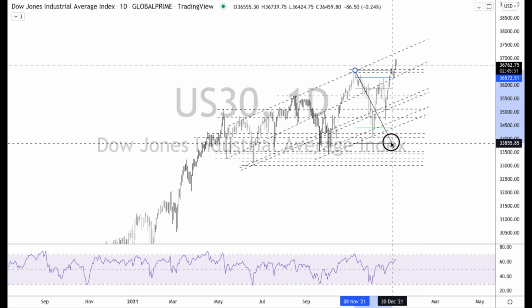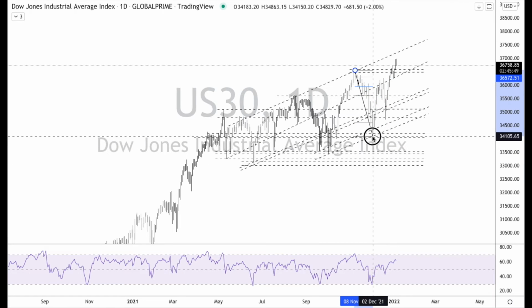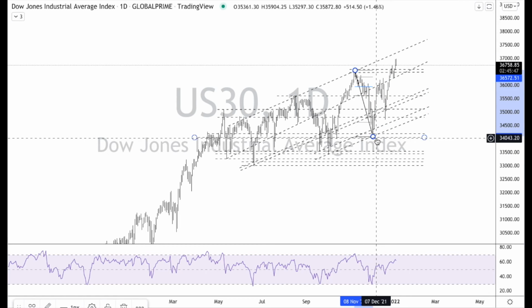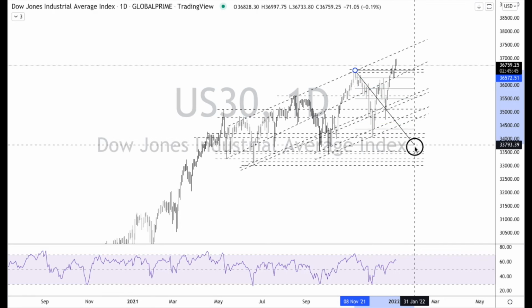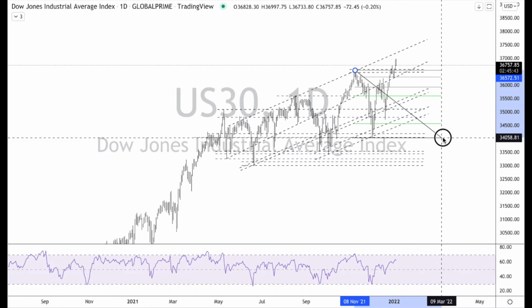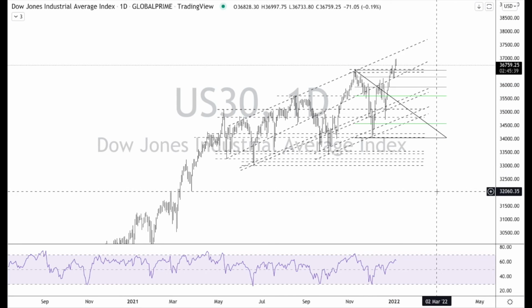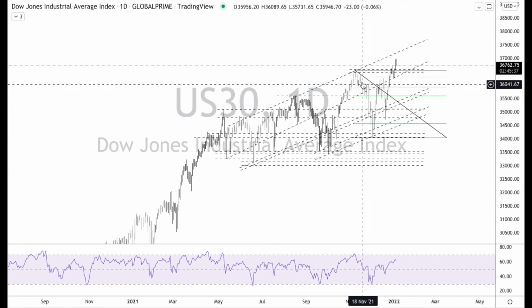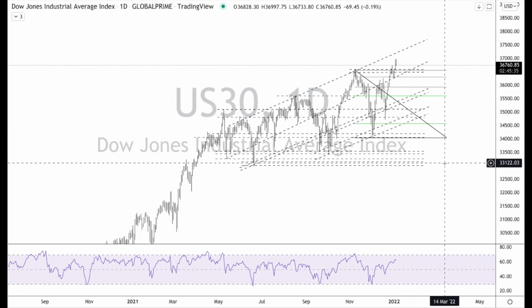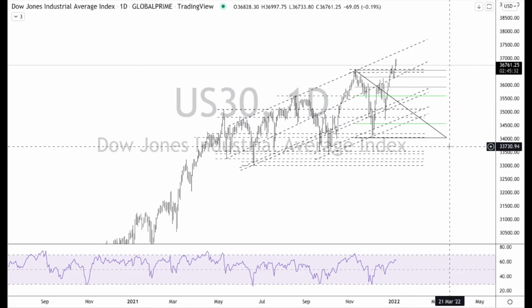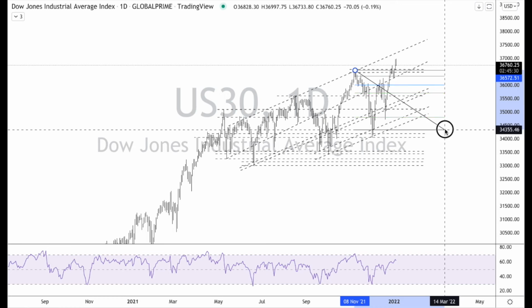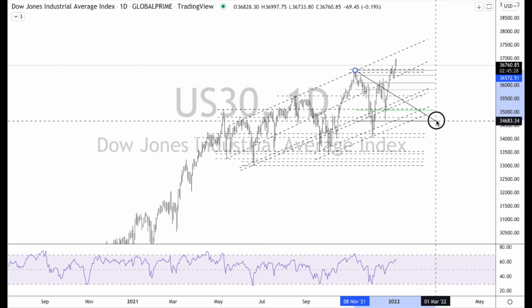So if I was looking for a sell, I mean not sell, sorry, a buy. Where it is right now, I would have to say I'll be looking for the buy from over here.